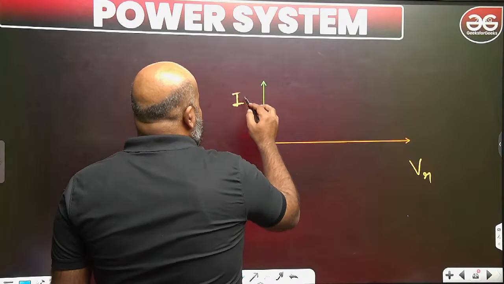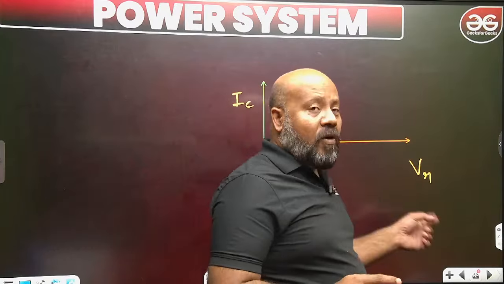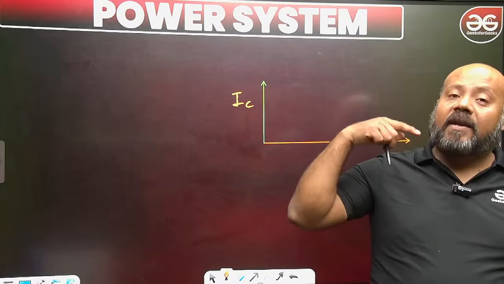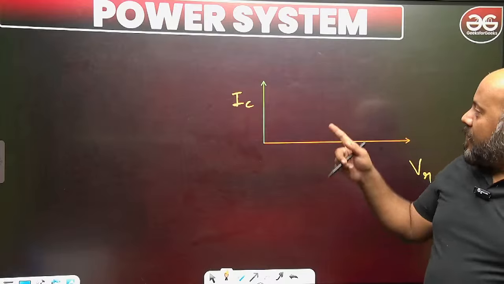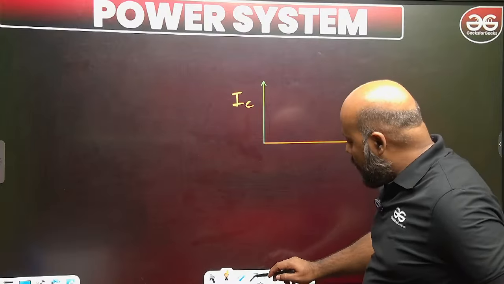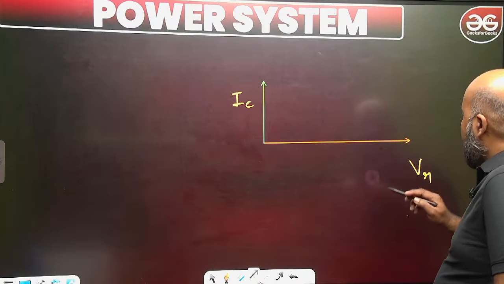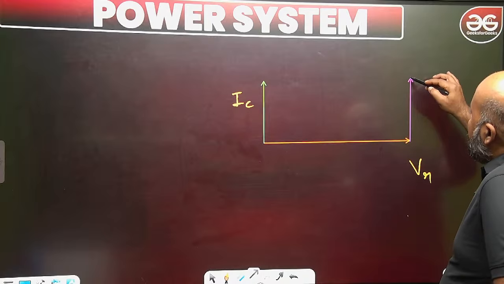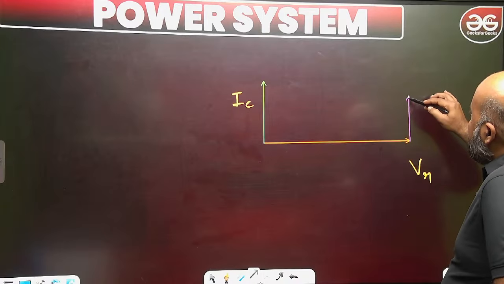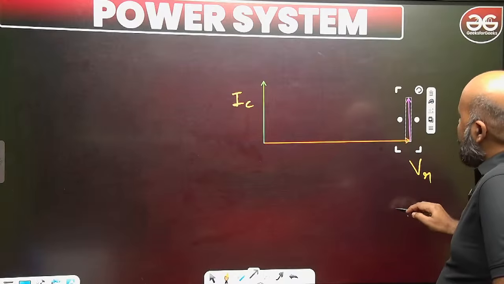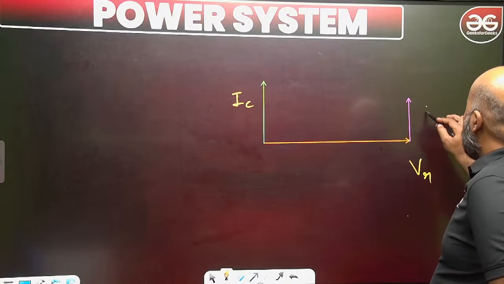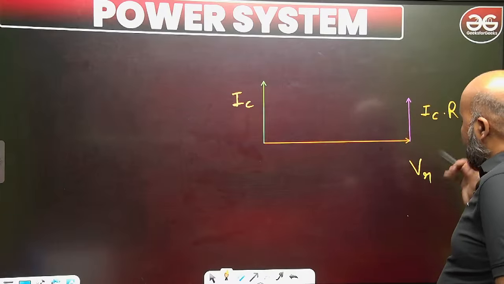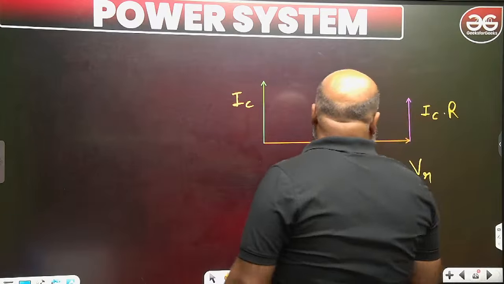So this is IC. Now, if you want to get the sending end voltage, you have to add the drop of resistance and reactance of the line with this current. So how are you going to add them up? VR plus IC into R, in the direction of IC, because this is the resistive drop. Now it is jXL.